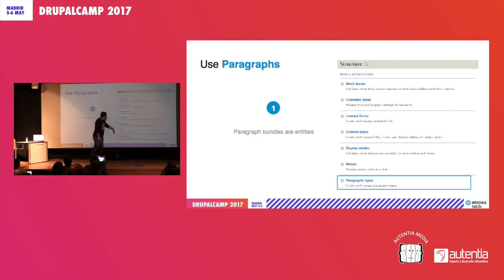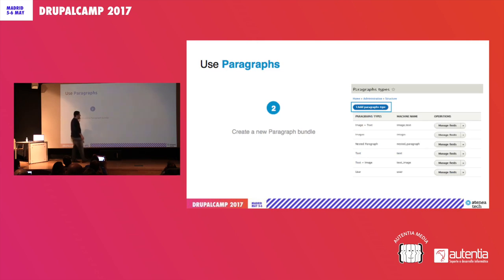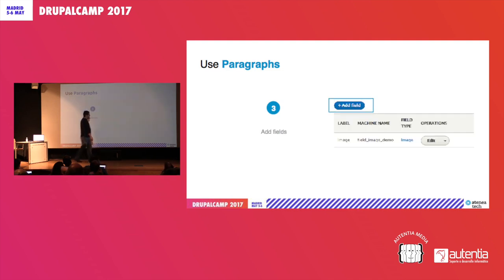When you go to the structure menu, you will have a paragraph types menu link. And if you enter it, you can add the paragraph type, like you add a content type. It's the same. Then you add the fields to the paragraph, the same way that you do with content types. So here we have added an image field.